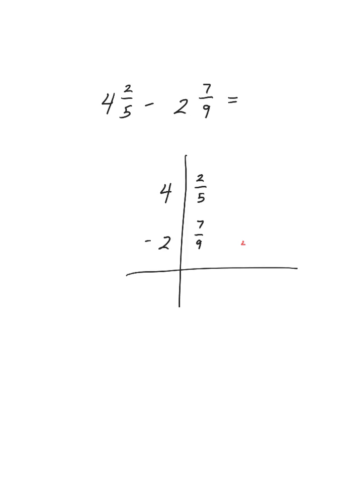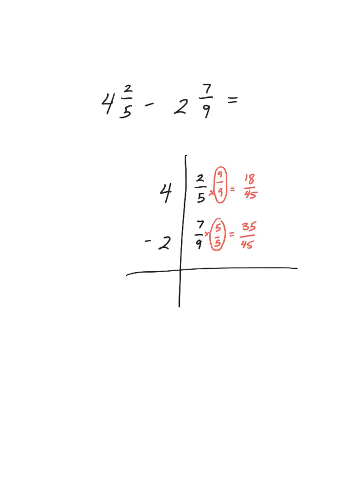I'm going to use 45. 9 times 5 is 45, so I'm going to multiply 7 times 5 and get 35. Notice that this is 1 whole, so I'm not changing my problem. 35/45 is equivalent to 7/9. 5 times 9 is 45, so 2 times 9 is equal to 18. Again, I multiplied by 1 whole, so we have equivalent fractions here.